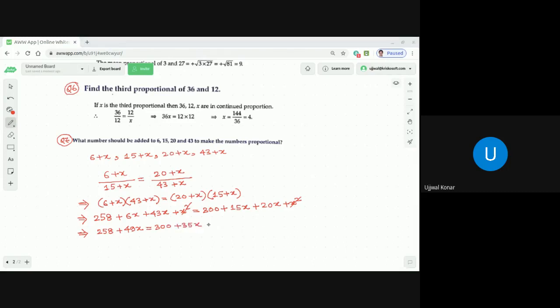So from here we get 49x minus 35x is equal to 300 minus 258.